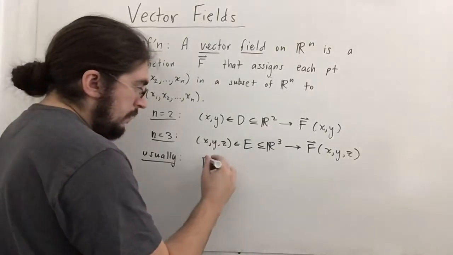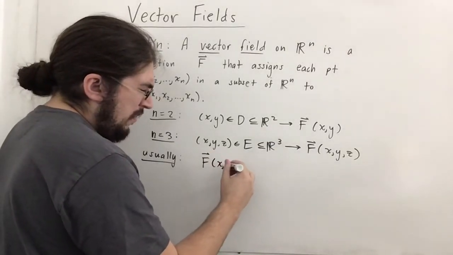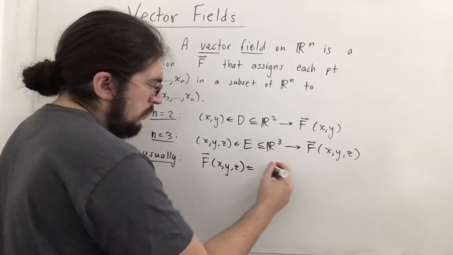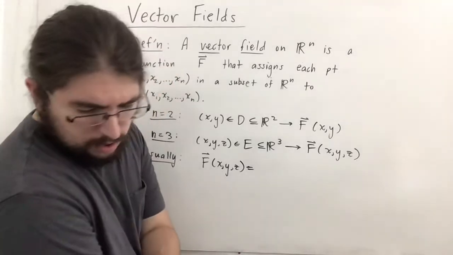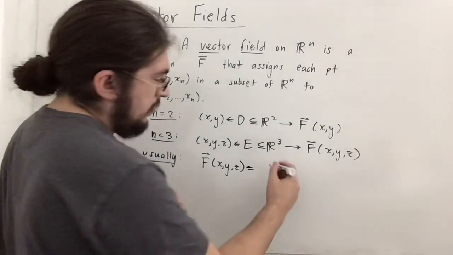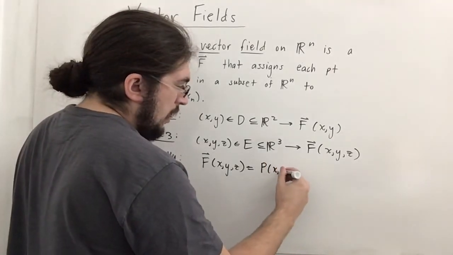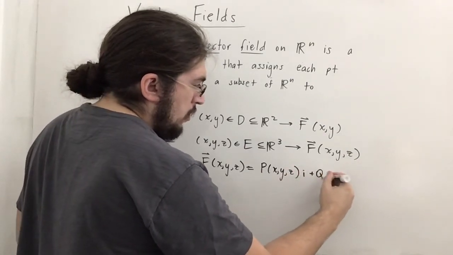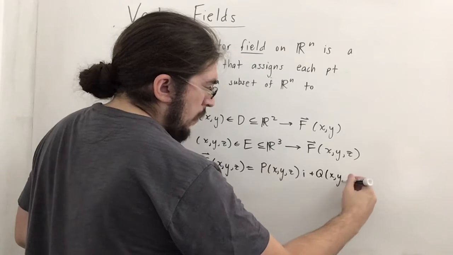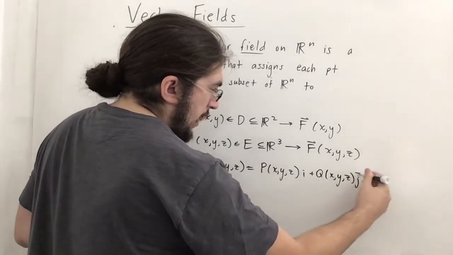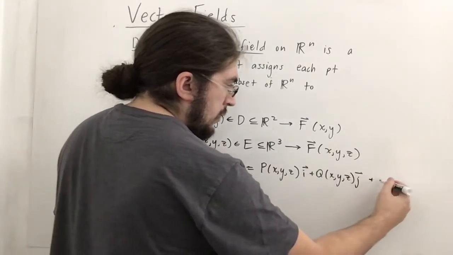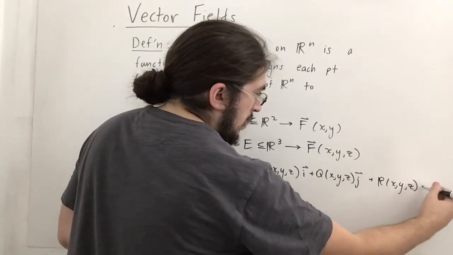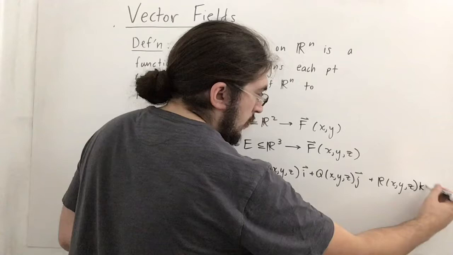So for example, F of x comma y comma z is going to be equal to P of x comma y comma z times i, plus Q of x comma y comma z times j, so these are the components, and then R of x comma y comma z times the vector k.